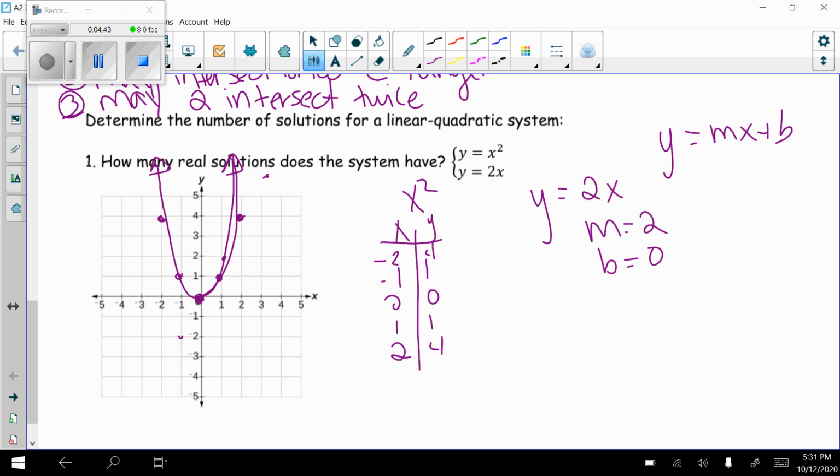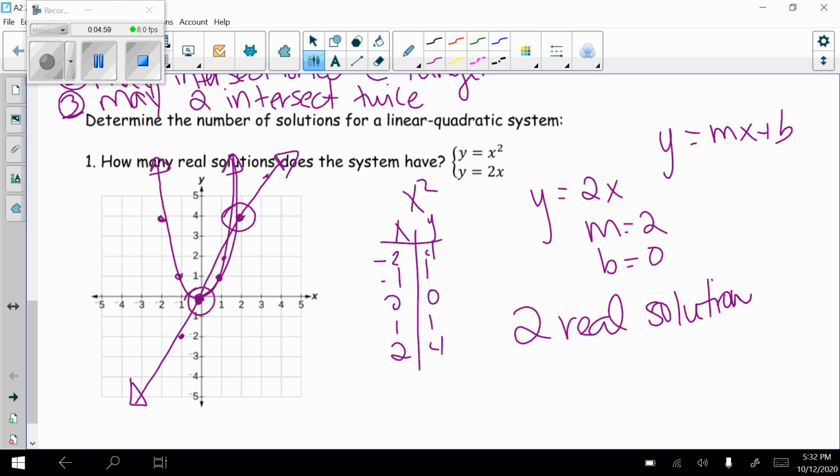Or I could have gone down 2 over 1. So I'm going to draw that line. How many real solutions do I have? It intersects twice. So I have 2 real solutions because the line intersected the parabola twice.